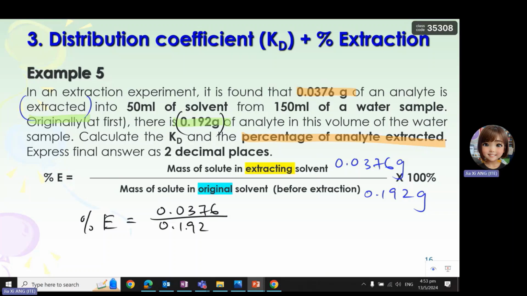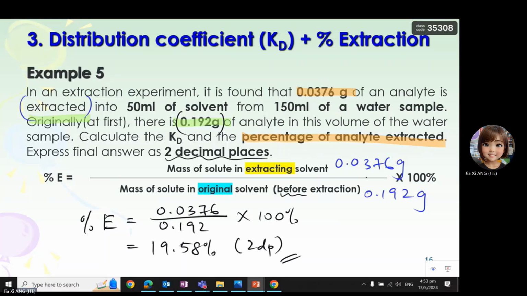For this one, you want the mass of solute in the original solvent before extraction, so you don't minus. Then everything times 100%. So key in this value in your calculator, you should get 19.58% in 2 decimal places. Take note, you have unit as percentage, and based on the question, present your answer in 2 decimal places.